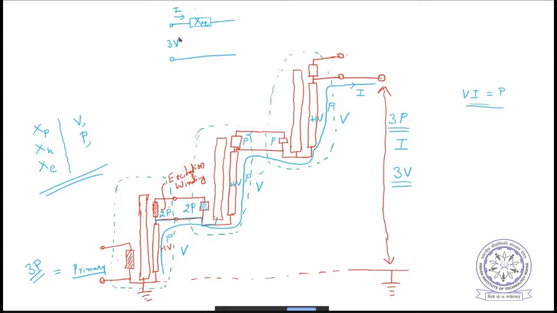So you better write the complete reactive power in terms of I. What is the reactive power of the 3 HV windings? 3 times I is the current through the HV windings, right? I square into XH. Do you agree?